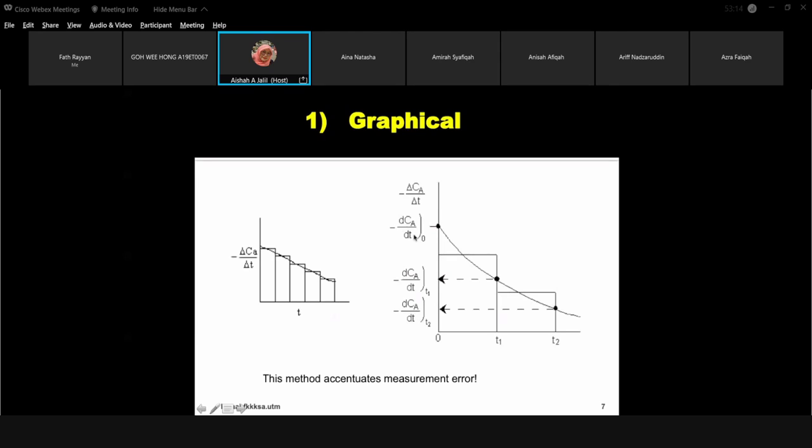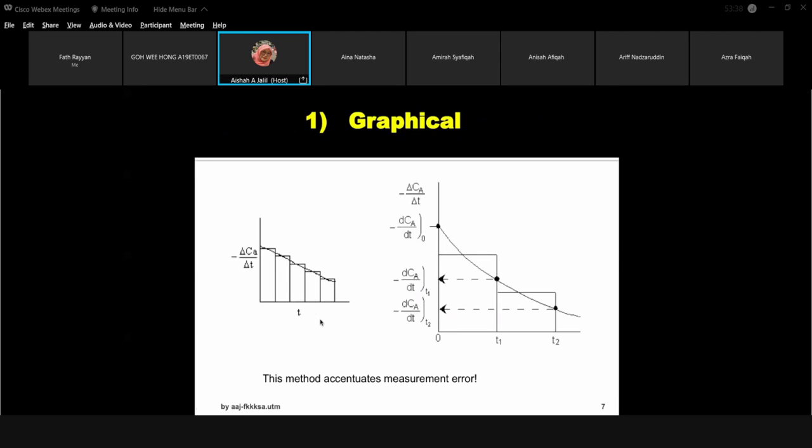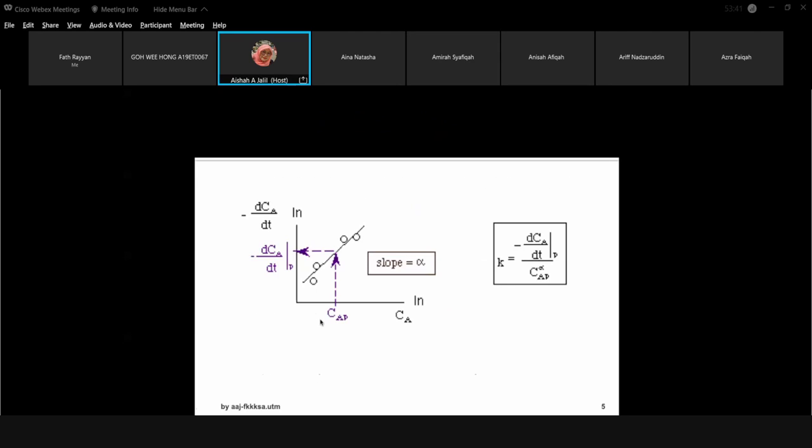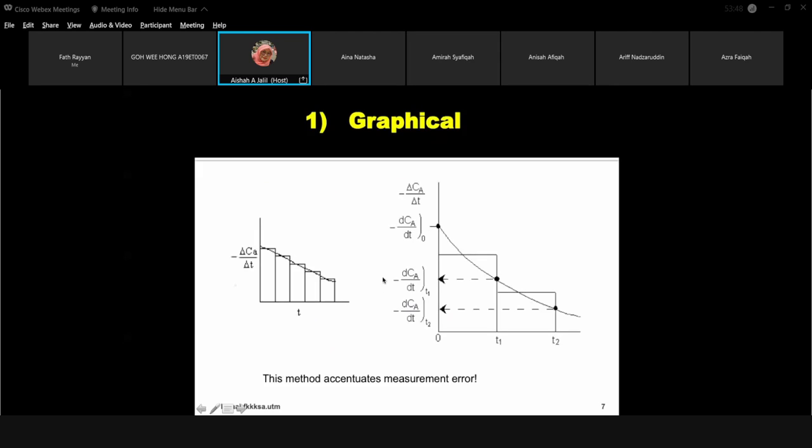This is also the same, just for the dCA over dt. Like this one, you have to use the histogram to get the dCA per dt. But this time you just calculate how to get the dCA per dt, and at the same time after that you have to plot the straight line graph, and get the line graph, get the column k.